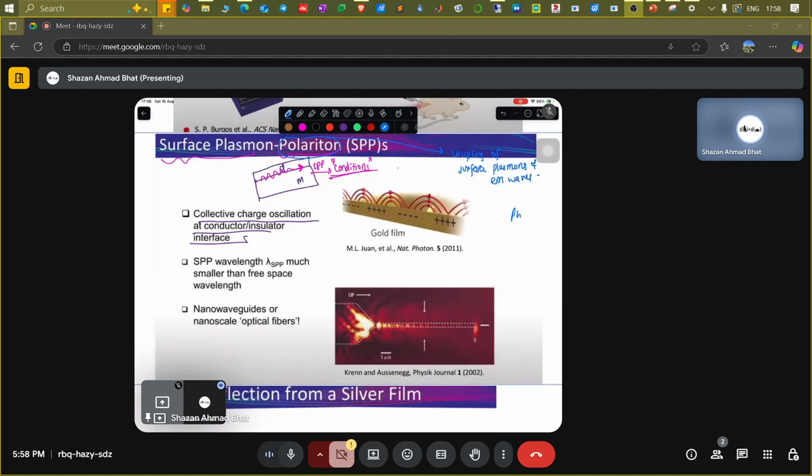There can also be something called a phonon polariton. There can be magnons. Other things can also couple with it. These are just the couplings.